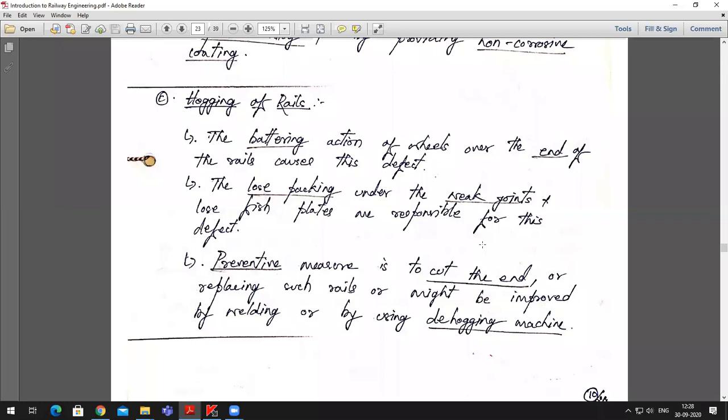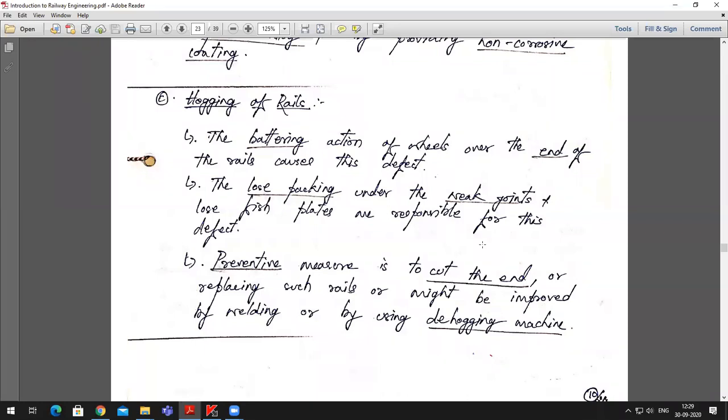Either you rectify the bend, or deflection, that has taken place in the rail at the site itself, or the other alternative is, if the strain has increased, you'll have to just cut the ends, pull the two rails together again and then join them.